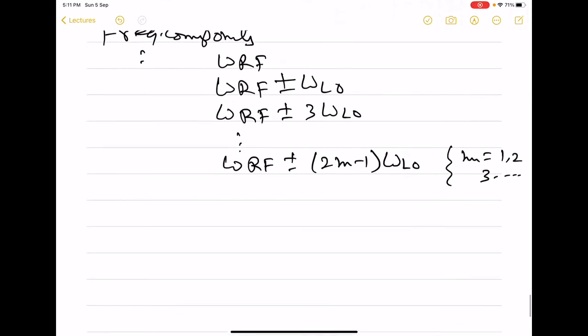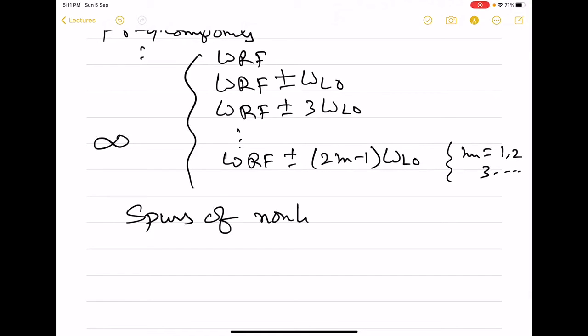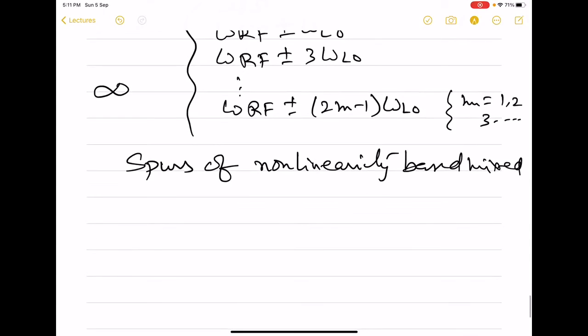But if you see the spurs of a nonlinearity-based mixer, for example, diode based, these are infinite, of course. So suppose output is given by this.